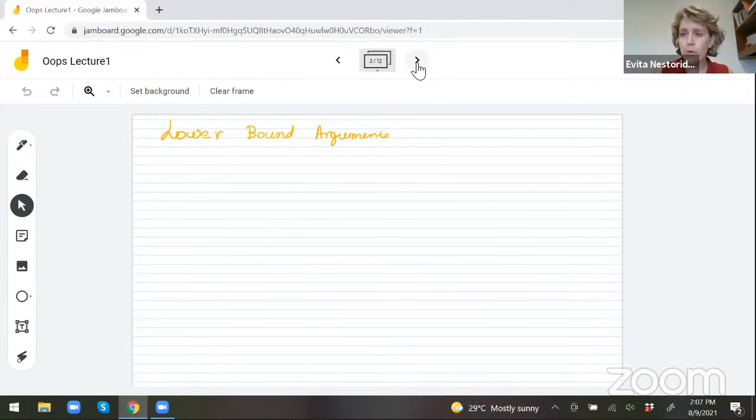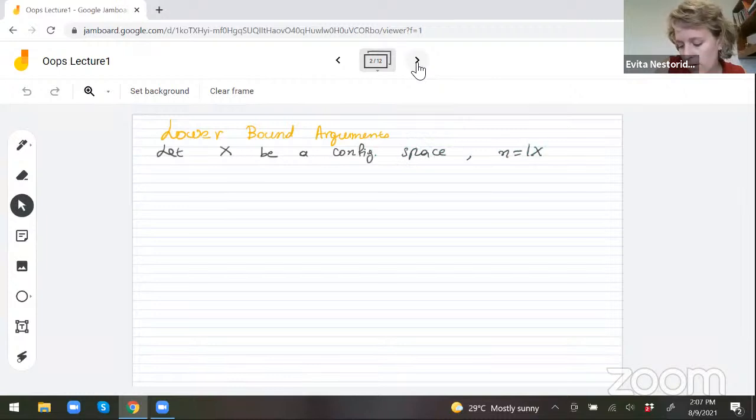So I'll start with a general setup. We have a finite configuration space X. Usually we use n to denote the size. I'll try to avoid any confusion. So we will have a Markov chain, and we will have P(x,y) denote the probability of landing at y if we start at x.